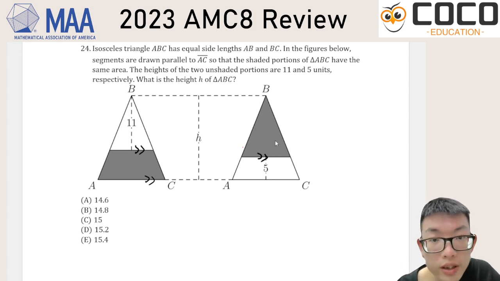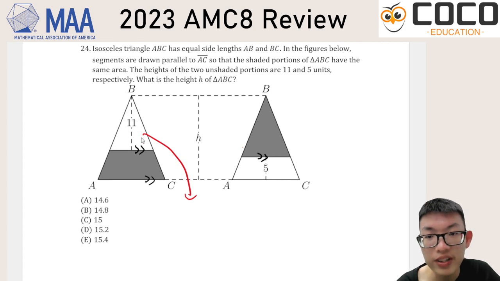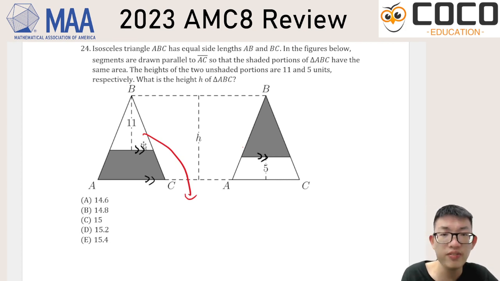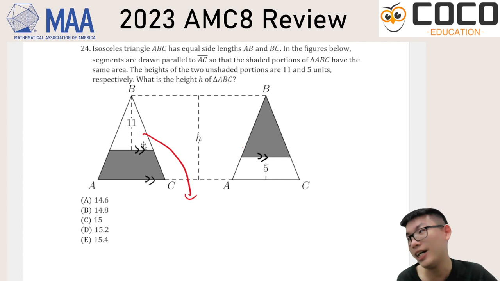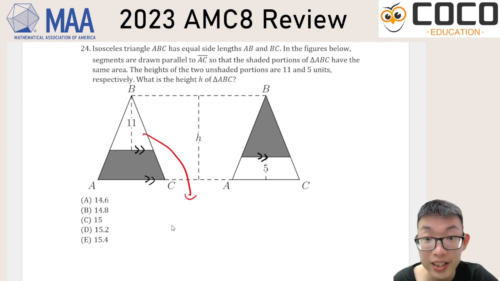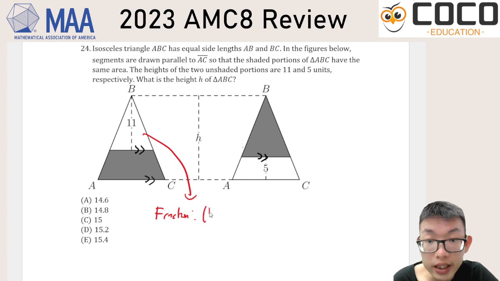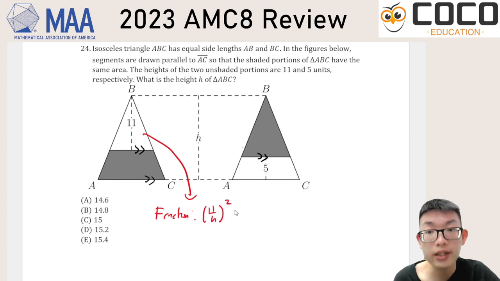So for this one down here, I'm going to actually use that the unshaded areas have the same area, because if the shaded portions have the same area, then the unshaded portions also have the same area. So the fraction occupied by this would be 11 over h squared.